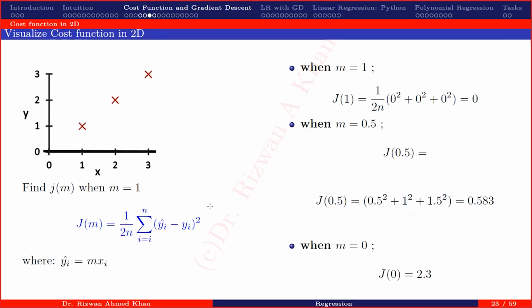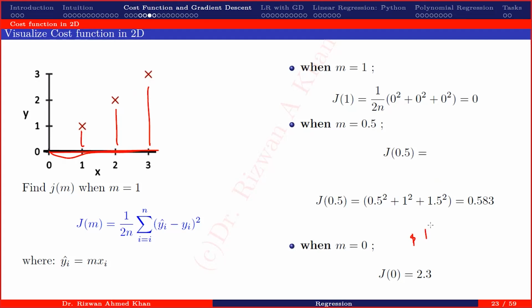Now this is our third line, which is m equal to 0. When m equal to 0, this is the line which is just parallel to the x-axis, and so we are inducing errors like this. So initially it would be 1, you can just calculate all the errors.